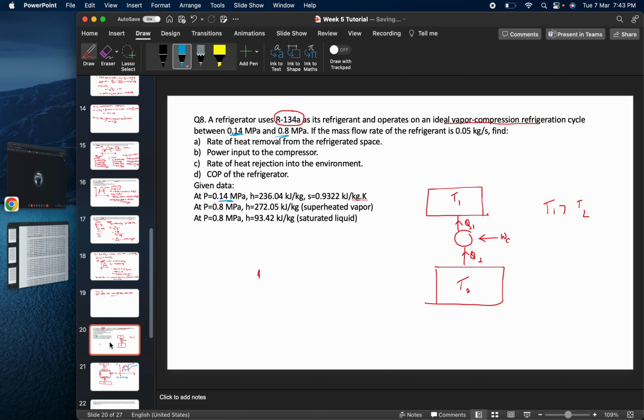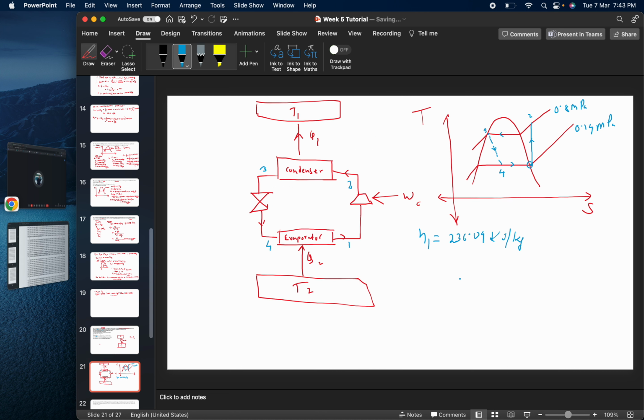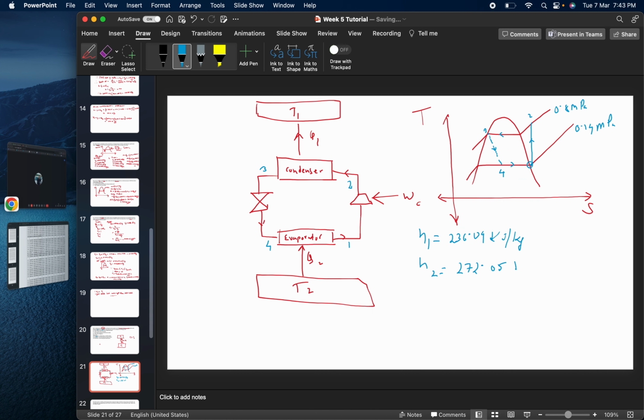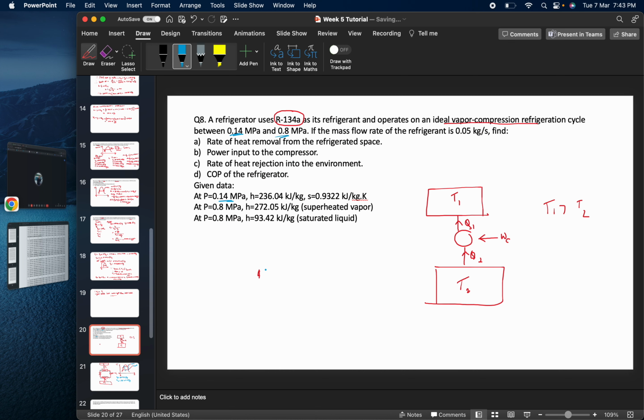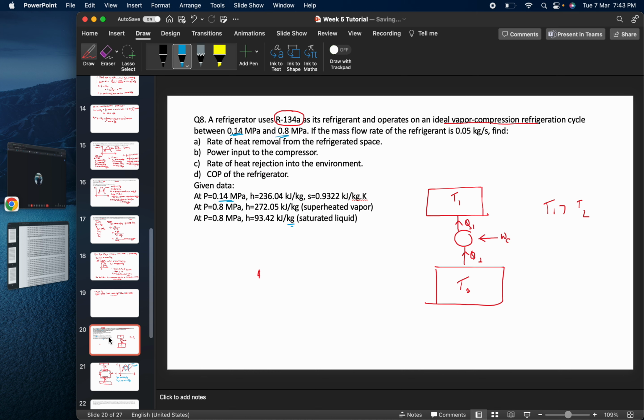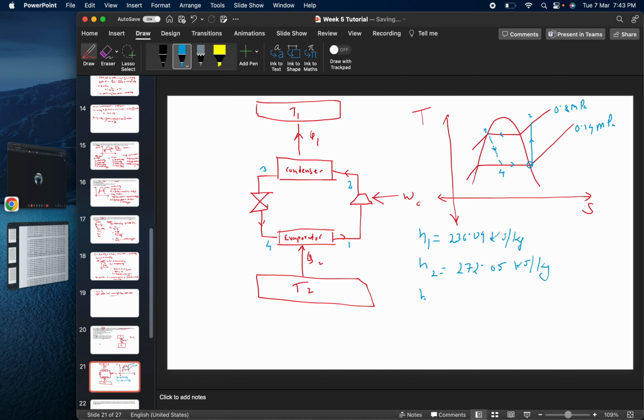At 0.8 megapascal, the superheated vapor H is given as 272.05, so H2 is 272.05 kilojoule per kg. Then the saturated liquid, that is your H3, is given as 93.42 kilojoule per kg.